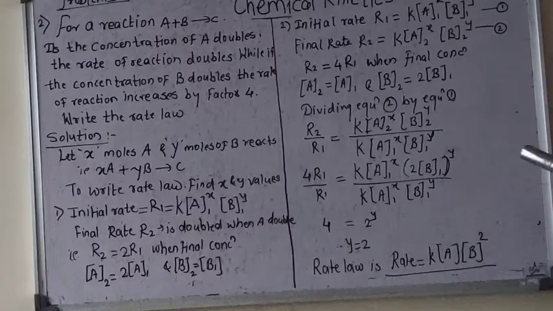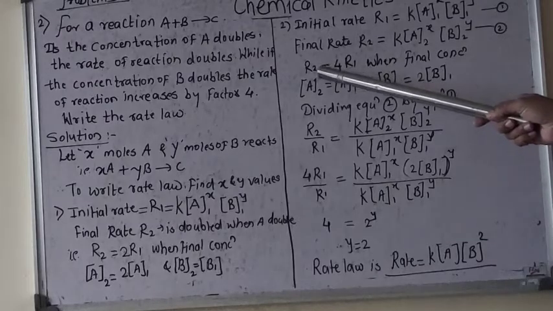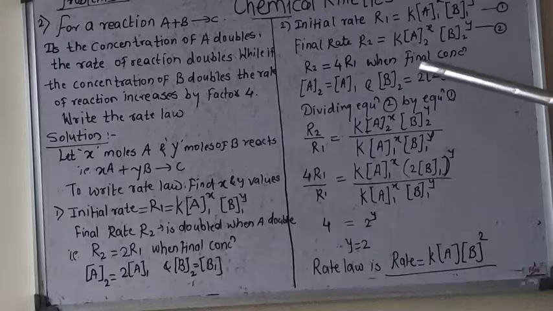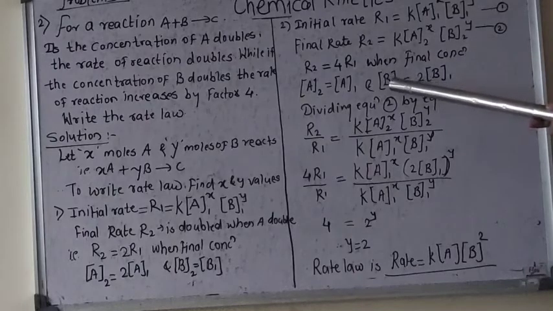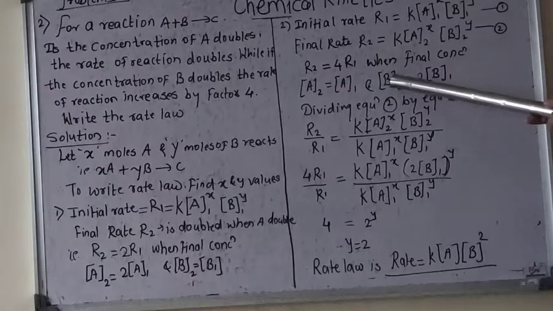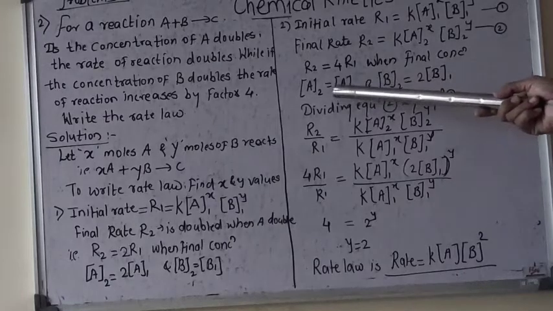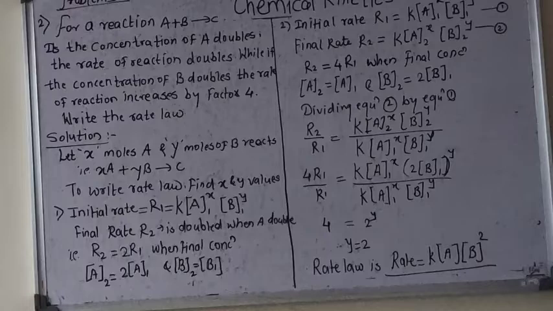In the problem it is given that as the concentration of B doubles, the rate increases by a factor of 4. So the final rate is R2 equals 4 R1, when the final concentration of B doubles, that is B2 equals twice B1, and the initial concentration of A is kept as it is, that is A2 equals A1.